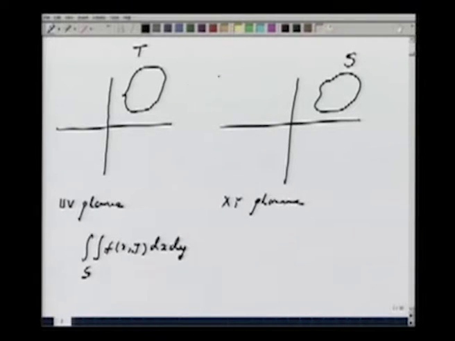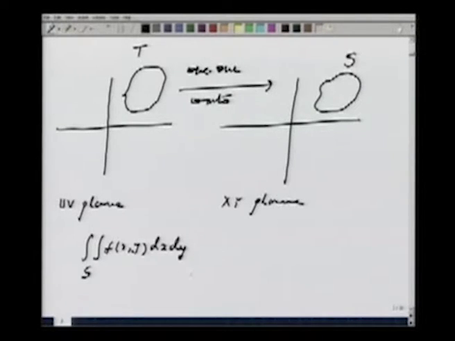Now suppose I have a one-to-one map here, that means it is injective and onto map.